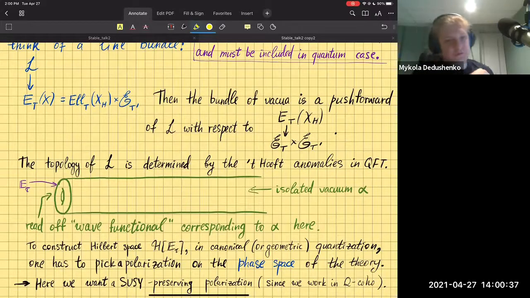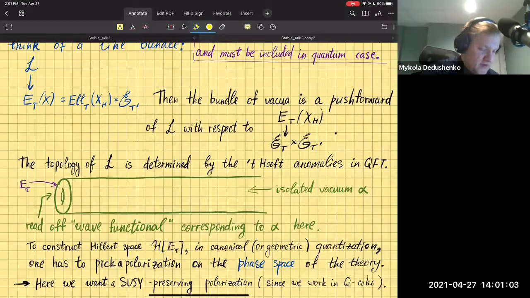So for that, we need to construct the Hilbert space of the theory first, or at least construct in quotation marks. So give some description, because in the QFT case, it's of course much more complicated to do it rigorously than in quantum mechanics, where everything is well defined.